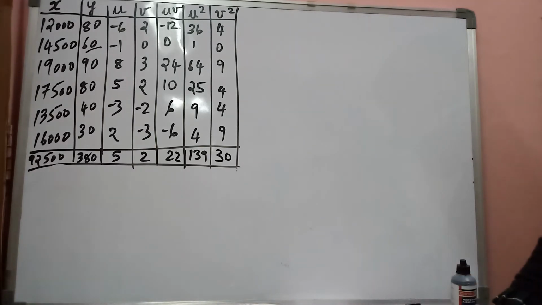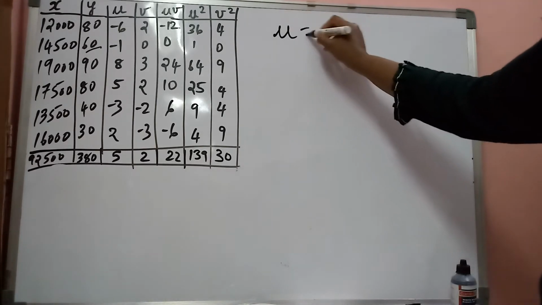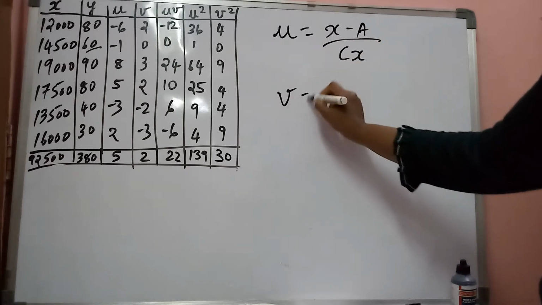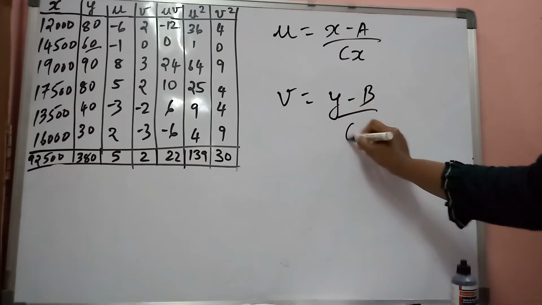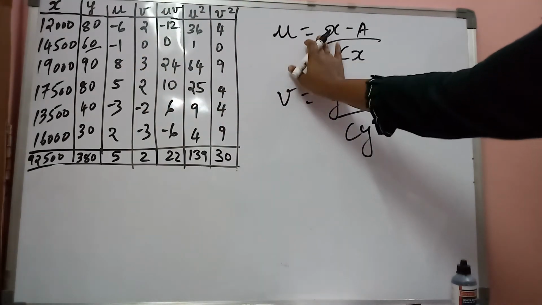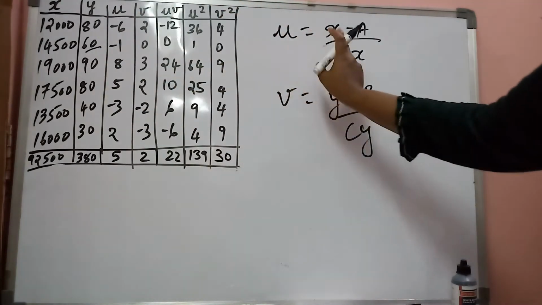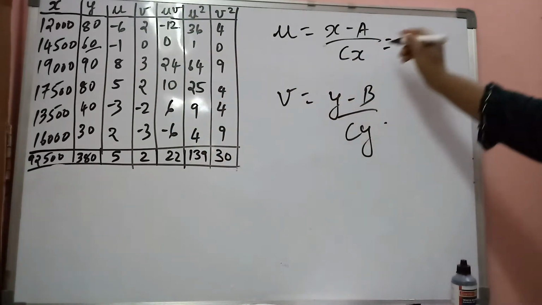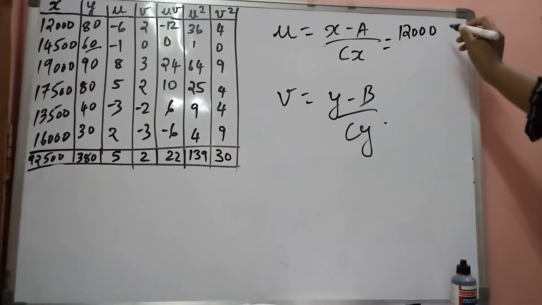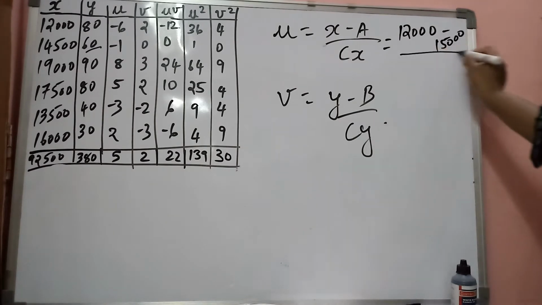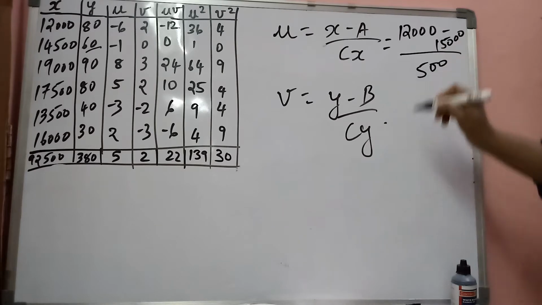Now your u is x minus a divided by cx. Then your v is equal to y minus b divided by cy. So from your y variable and your x variable you have to take the values. Let's do one as an example. For the first x, it is 12,000 minus 15,000 as a, divided by cx as 500.